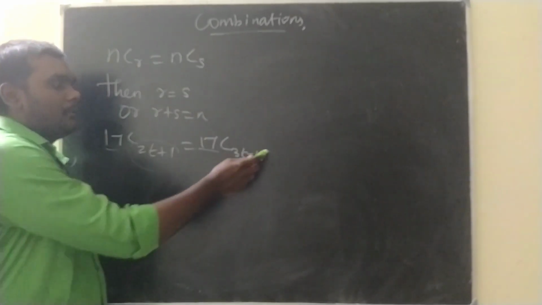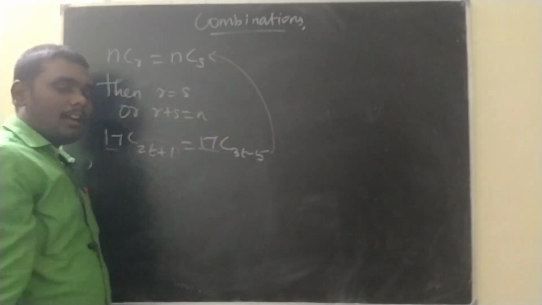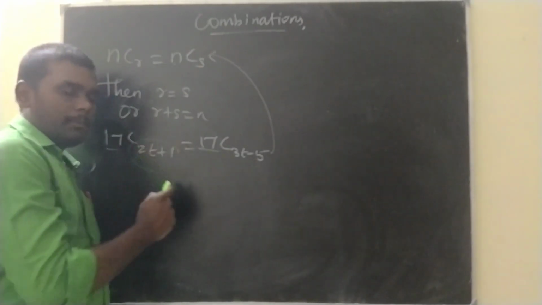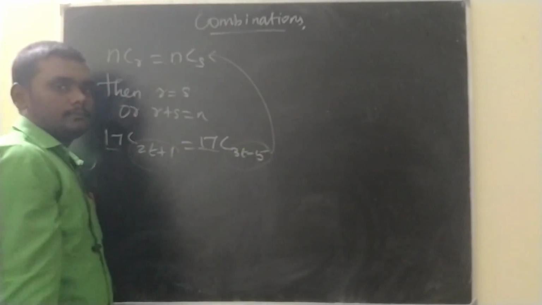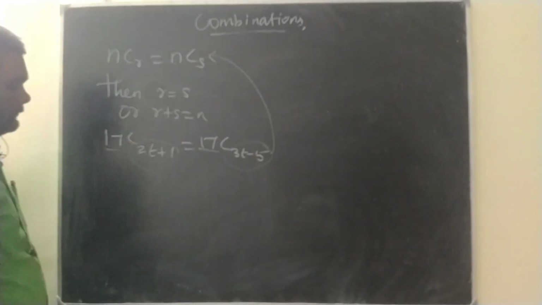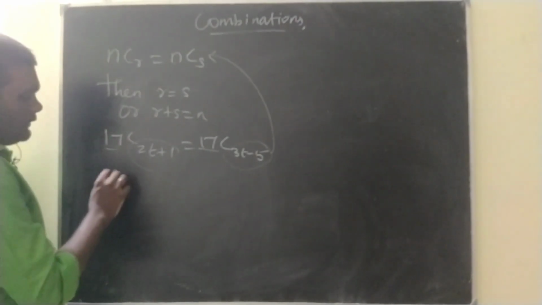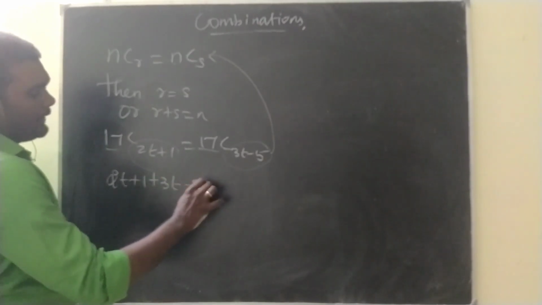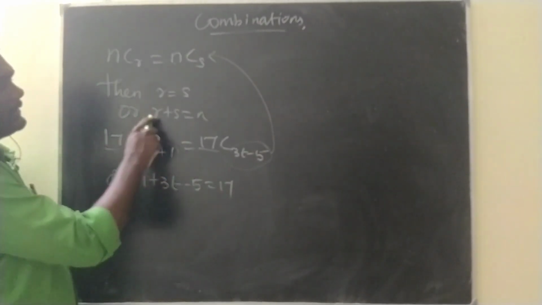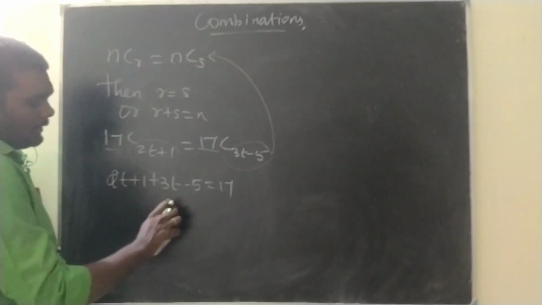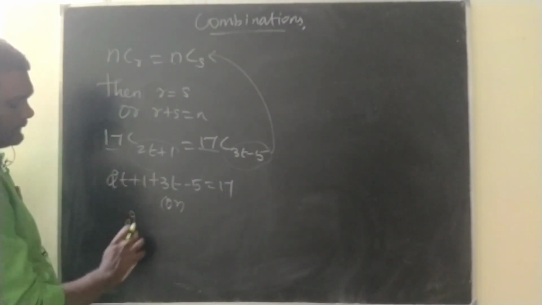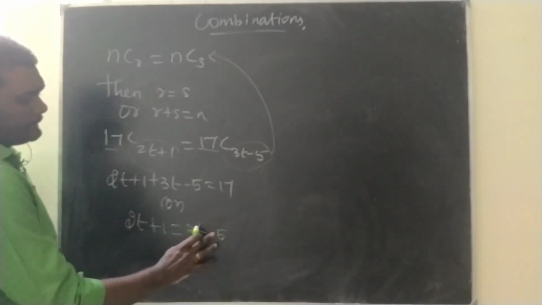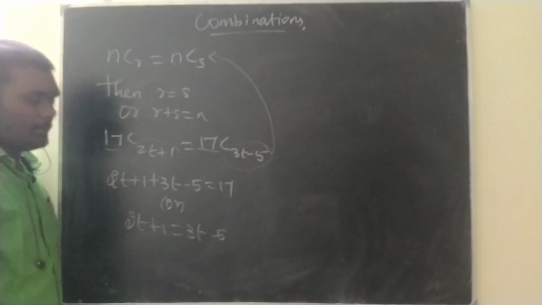This is exactly similar to this formula. What is r value? 2t plus 1. What is s value? So this 2t plus 1 plus 3t minus 5 equals 17. That means r plus s is equal to n. Or we can take 2t plus 1 is equal to 3t minus 5. Both of the things will give you the same answer.